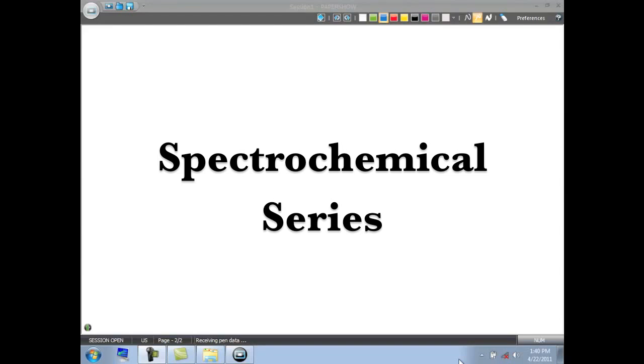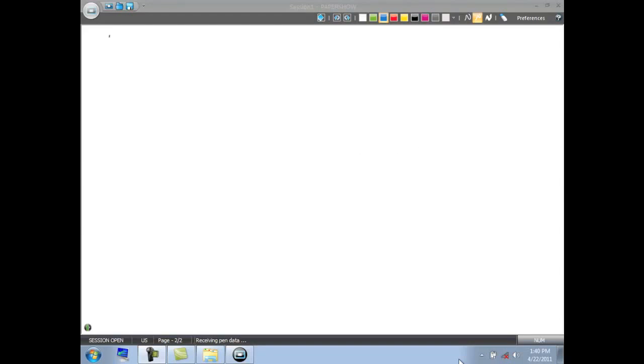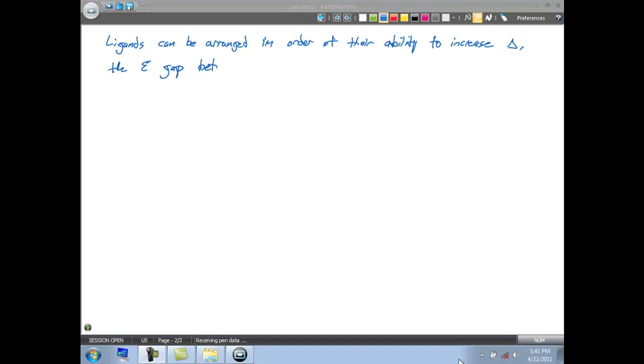So what we can say about this is that ligands can be arranged in order of their ability to increase delta, which is the energy gap between d orbitals.